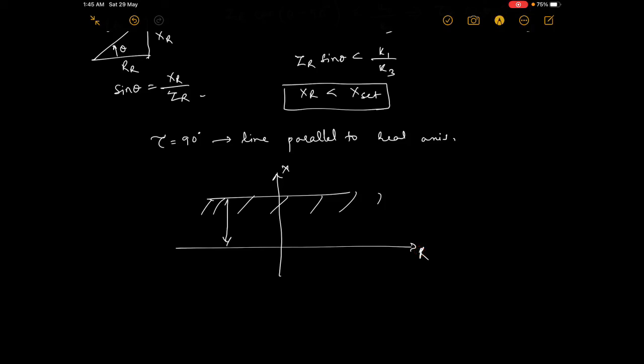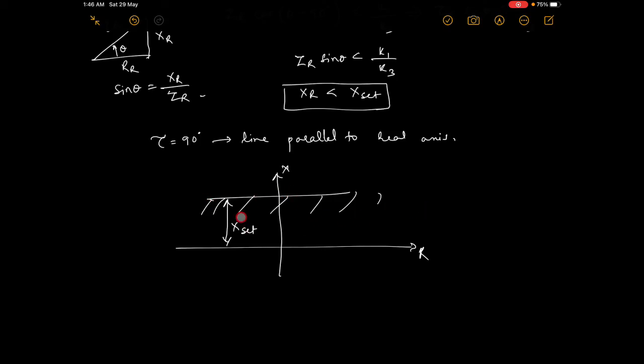So what is this now? X set. If XR is less than X set, it is purely X now, there is no R element. R is 0, only X is there, so it is just like a DC offset.